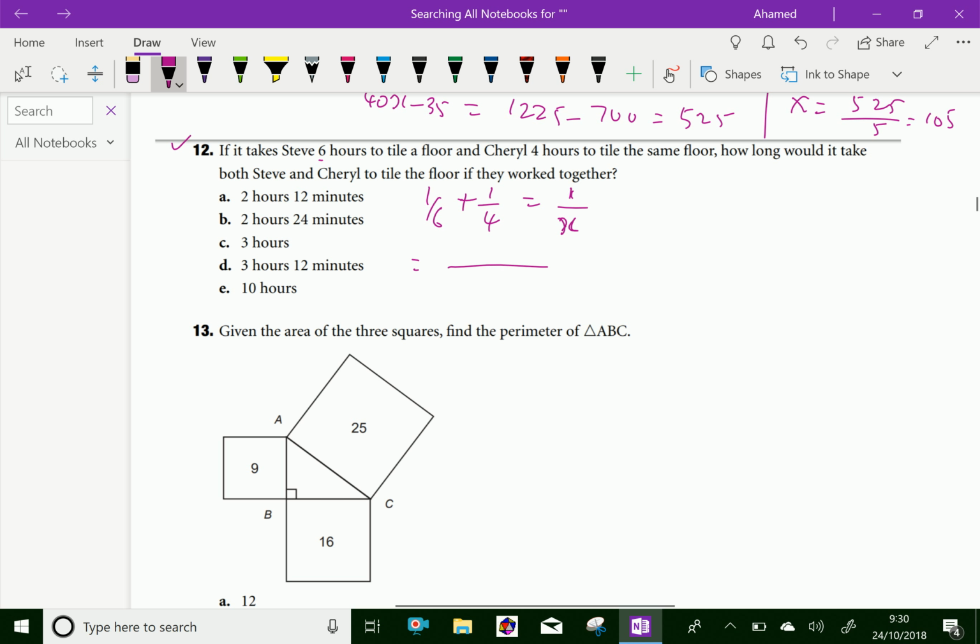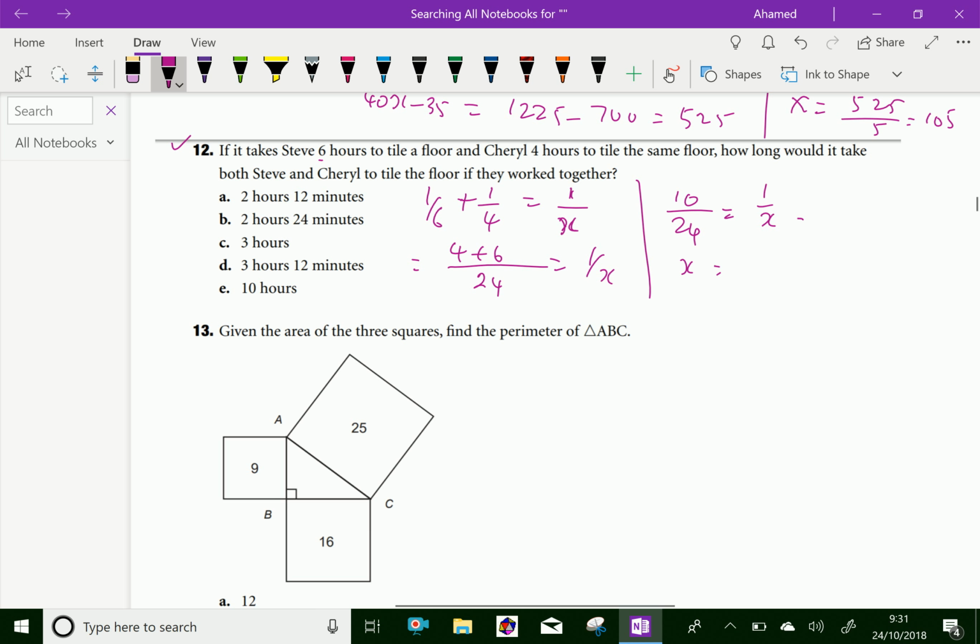So the LCM is 24, then 4 plus 6 over 24 equals 1 over x, which gives 10 over 24 equals 1 over x.